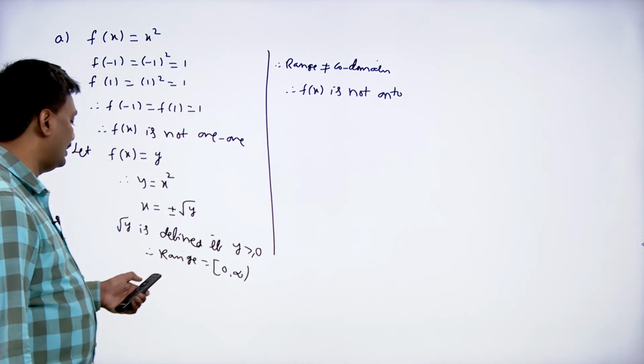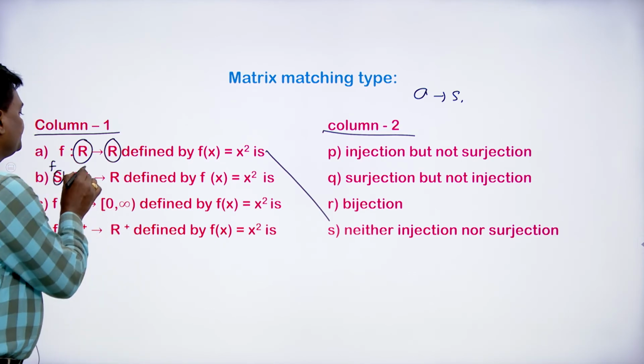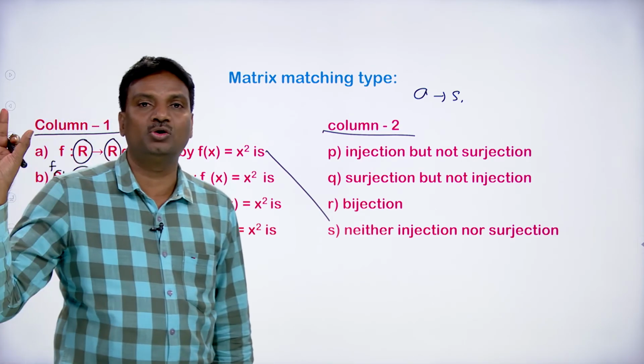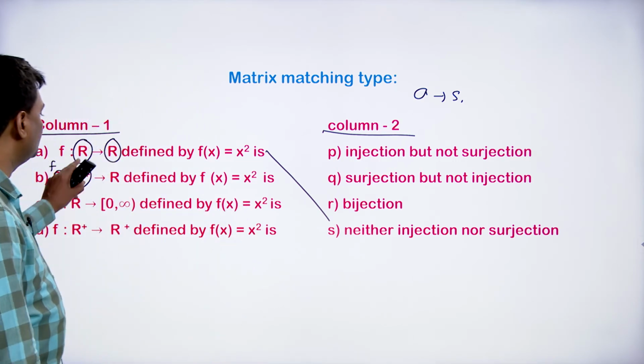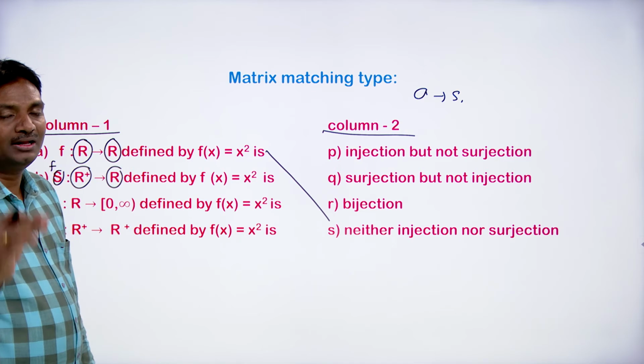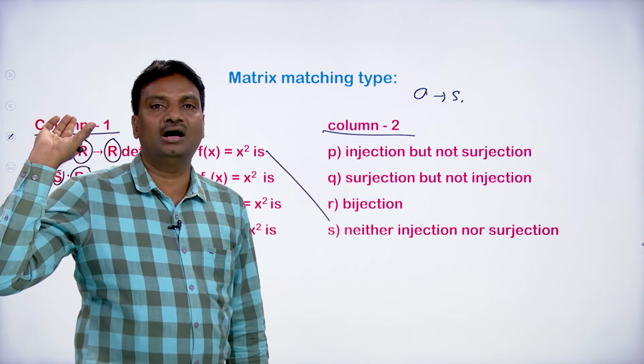R plus means you can consider only positive real numbers, don't consider 0 also, and the codomain is capital R. You may consider any real number in the codomain.